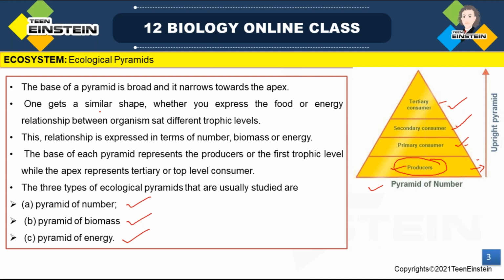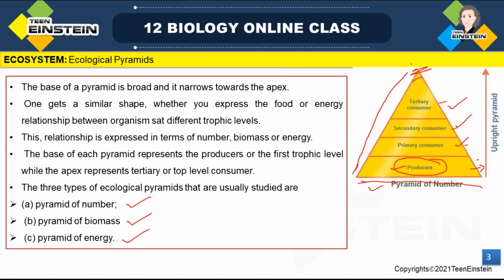The base of the ecological pyramid is broad and it becomes narrow towards the apex. Here you can see, it's not having the same width everywhere. From the base it is broad, but when it goes to the top level, it becomes narrow. Got it?